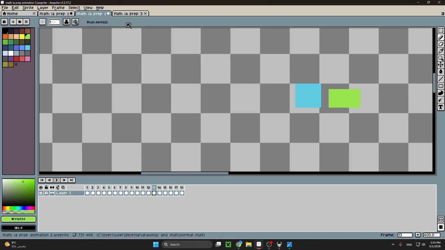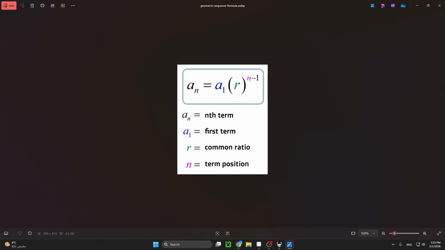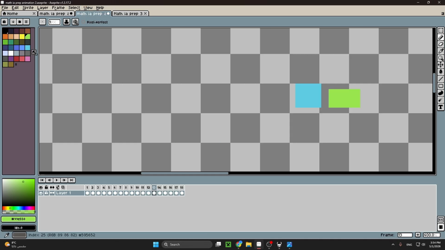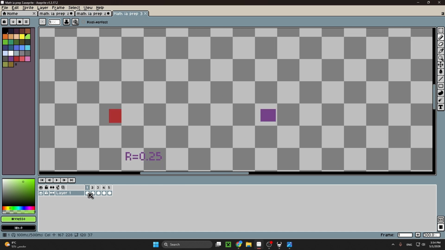And then if we decrease this ratio, which is the R again, we can make it move way faster. This one is 5 frames compared to 18 frames here and 9 frames here. So the first distance is the 100 again. I'm using a fixed distance of 100 for all of them.